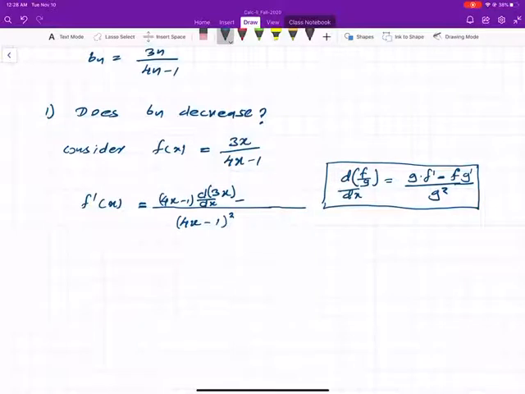Then you write 3x times the derivative of the other function, which is 4x minus 1.